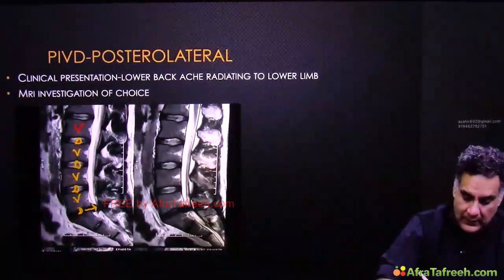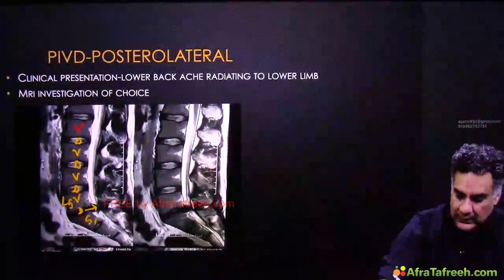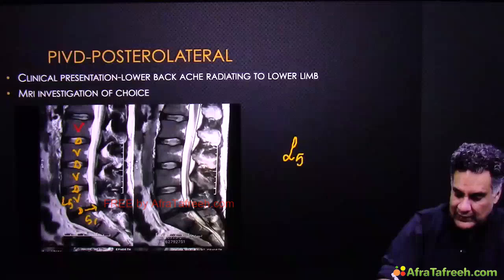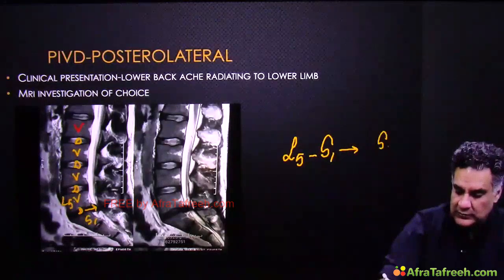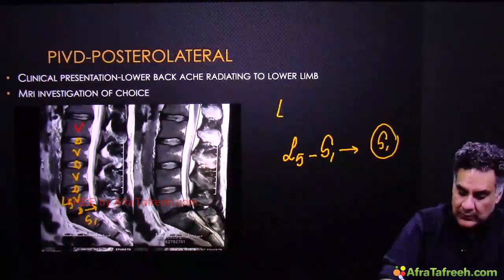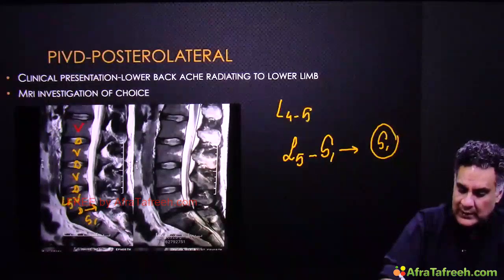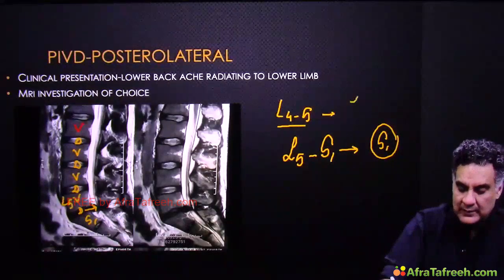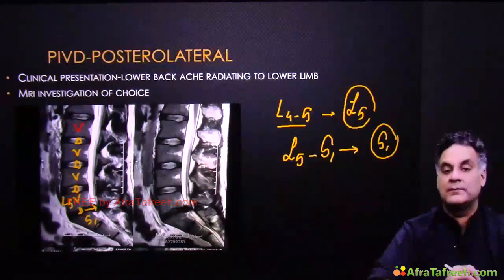For example, if this is L5 vertebra and this is S1 vertebra, between the L5 and S1 vertebra, if a disc comes out, it will usually compress the S1 nerve root. But which is the most common compression in the human body? L4-5, compressing the L5 nerve root, the commonest compressed nerve root.